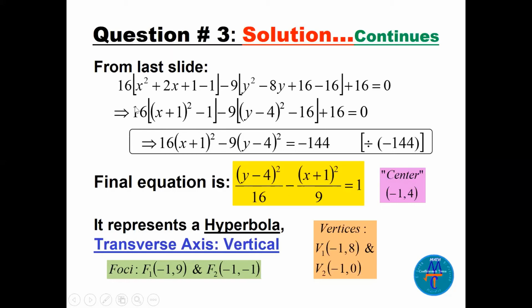Now, 16 times this will be 16 times x plus 1 squared. This is where we have to be careful. 16 times minus 1, remember, minus 16. Keep it. Minus 9 times y minus 4 all squared. Minus 9 times minus 16, see, minus 9 times minus 16 is plus 144.